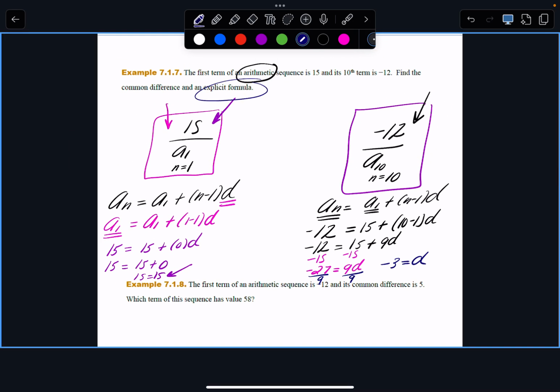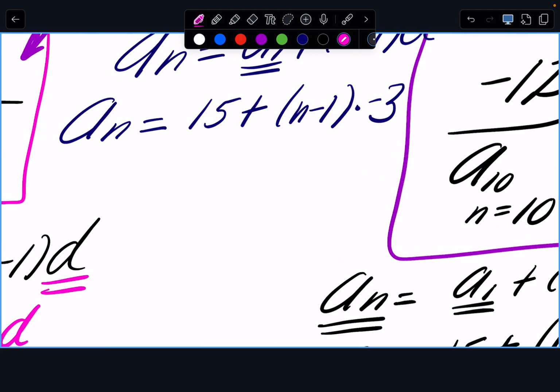That's what it said. Write an explicit formula. A sub n equals a sub 1 plus n minus 1 times d. So write a sub n equals a sub 1 is 15 plus, leave n as n. An explicit formula by definition is a formula that has n in it. So then you would say n minus 1 times negative 3. So we're only filling in n when we have a term that we know.